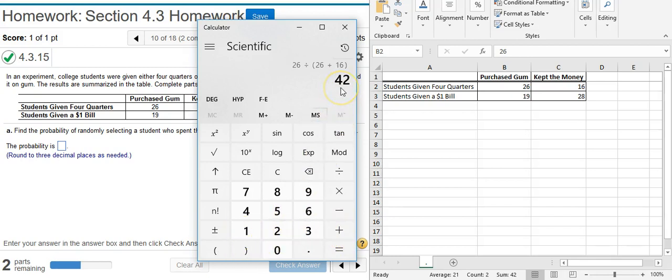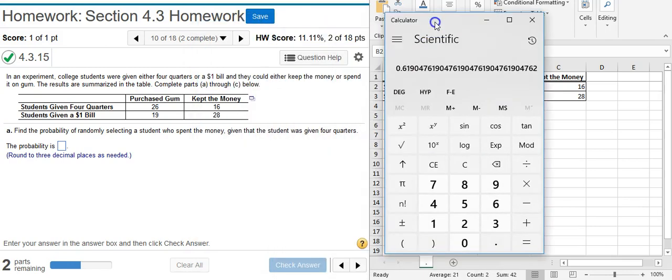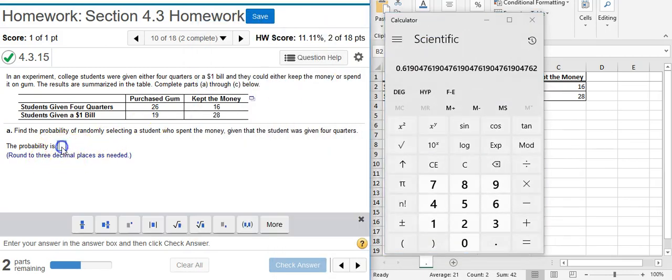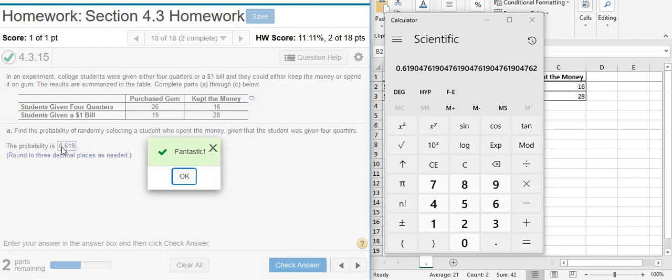See, there's my 42 all the same. But either way you work it, this is why I say you don't really need any third-party software. You just need to know which numbers to put in, and then you can actually get out, there's your probability. I'm asked to round to 3 decimal places. Fantastic!